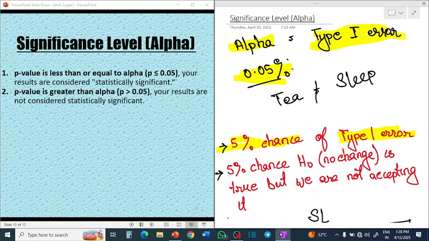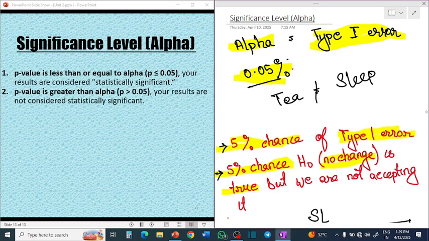Or we can also say that there is a 5% chance that the null hypothesis, which says that there is no change, is true, but we are not accepting it. That is shown by the alpha level or the significance level in our research.